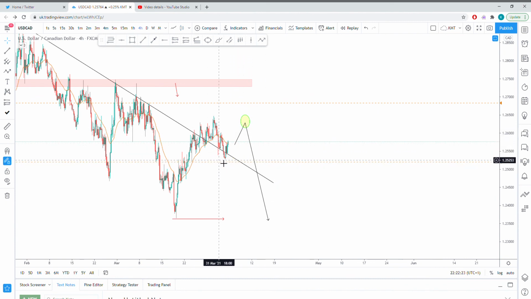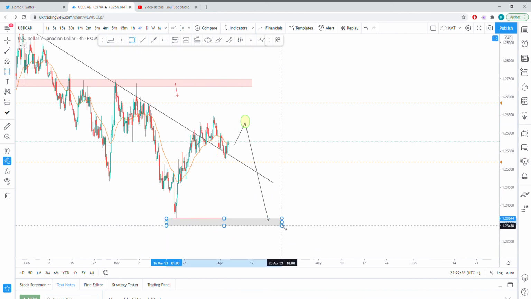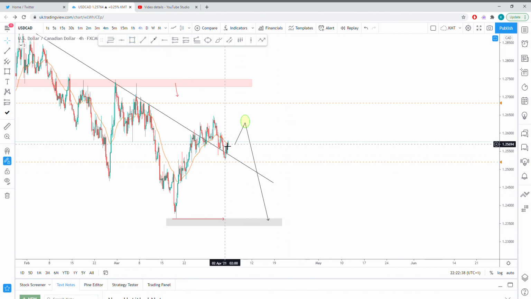This doesn't mean that price is definitely going to push lower, but ultimately my bias towards this pair is to take out 1.235. Price, leading into this range bound here, as long as it has the momentum to push lower, we could still see continuations to push lower.